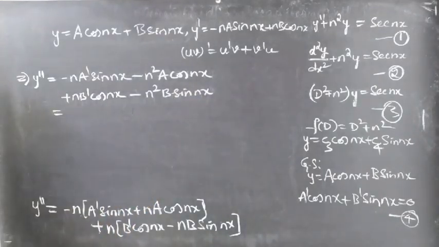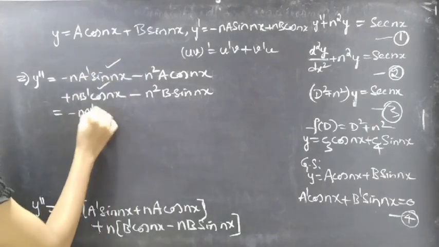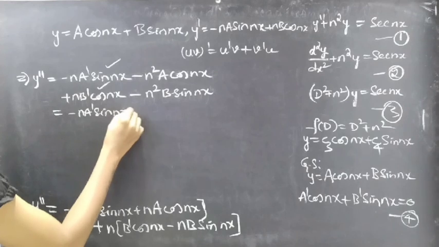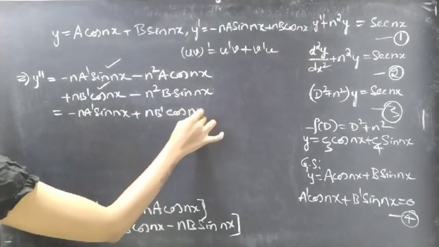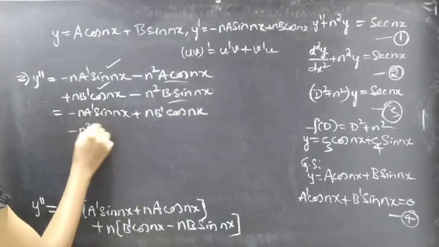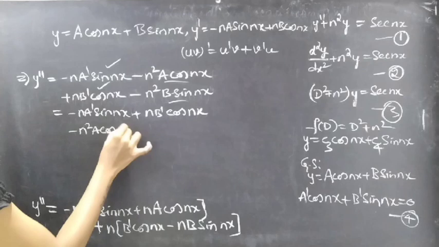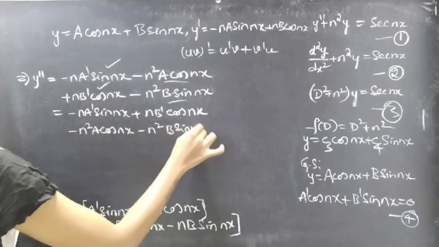Just write the terms involving a dash and b dash. Firstly, we'll have minus na dash sin nx plus nb dash cos nx. Now write the terms involving a and b: minus n square a cos nx minus n square b sin nx.